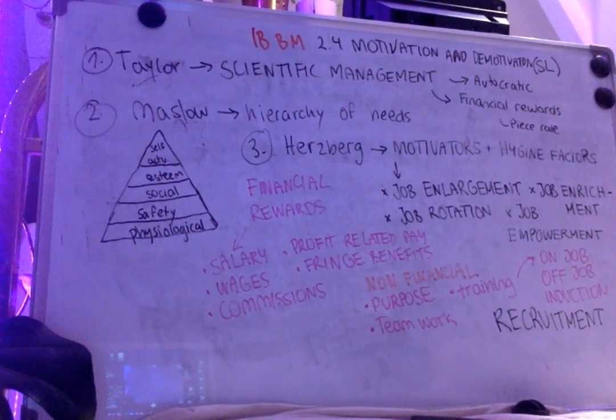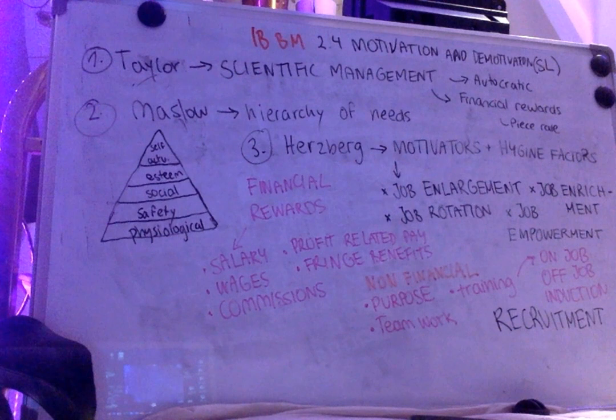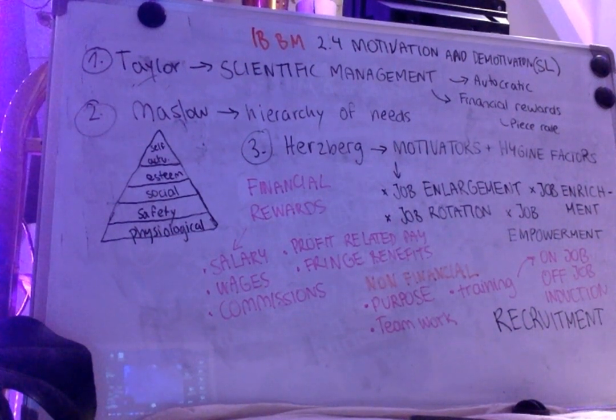And you have summative appraisal, which is the opposite. It's when you measure the employee's performance against some standards, and you assess their performance, and the employee is then judged upon that.